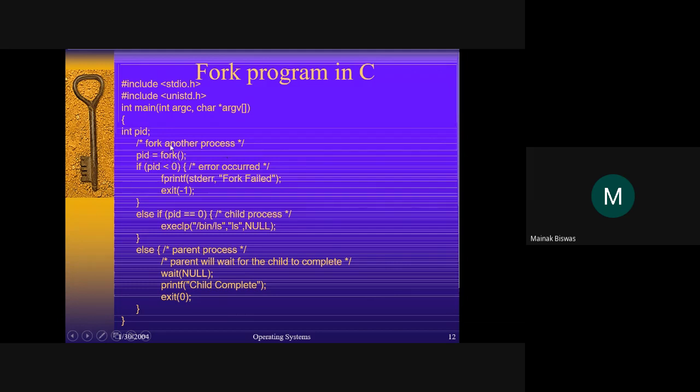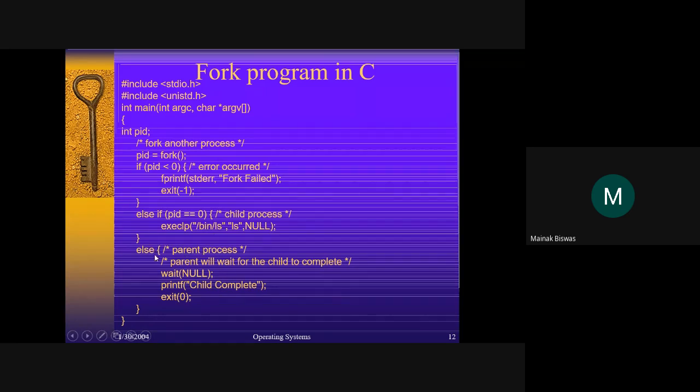So pid = fork. What does fork return? Fork returns an integer which identifies a process within the system. Now, if the process is not created, then we can say the fork failed, or the child process is not created. If pid is equal to 0, the child process is created, and it executes /bin/ls.